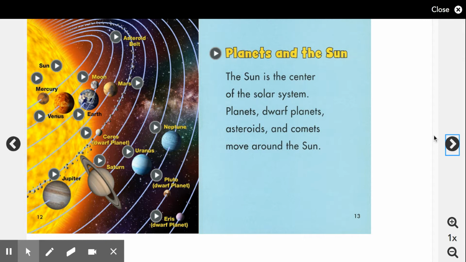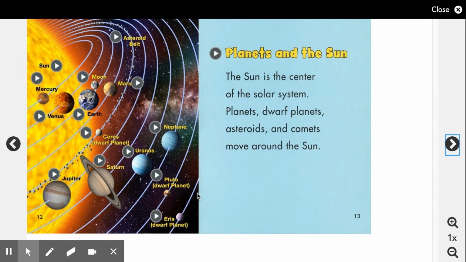And this is a new chapter, Planets and the Sun. And it is in bright yellow bubble letters to catch your eye. That's a text feature. The sun is the center of the solar system. Planets, dwarf planets, asteroids, and comets move around the sun.